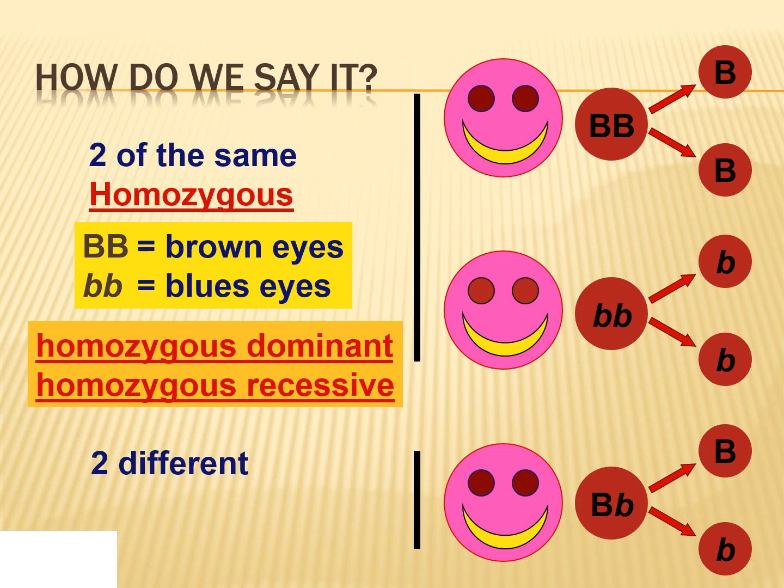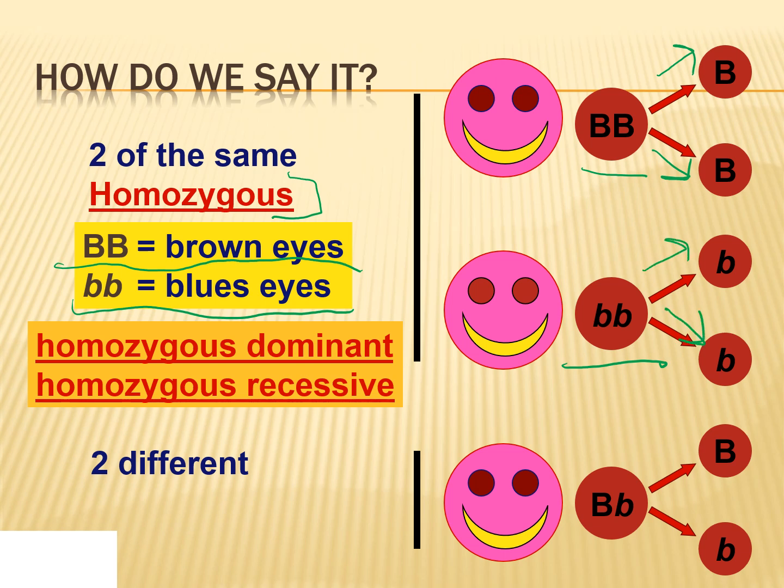So if you are homozygous, your alleles are the same as we talked about earlier. So if you're homozygous dominant, that means you have two brown alleles and you can only give gametes a brown allele. If you're homozygous recessive, that means you have blue eyes and you have two blue alleles, which are the little b's, and you can only give your offspring a little b.